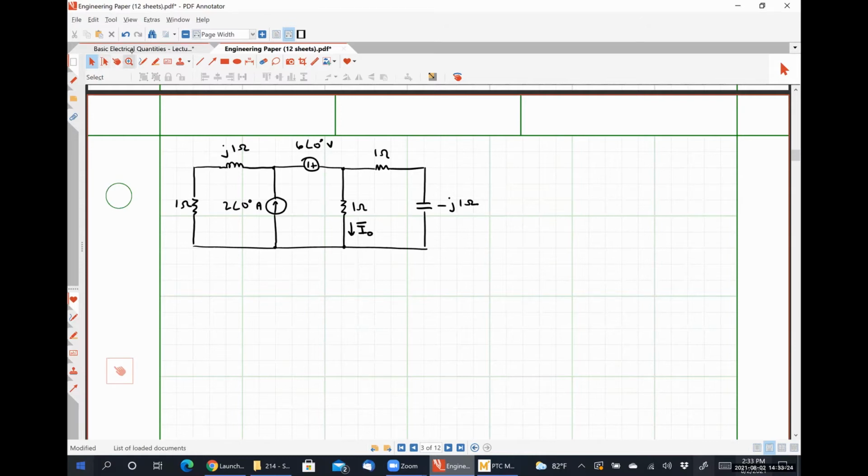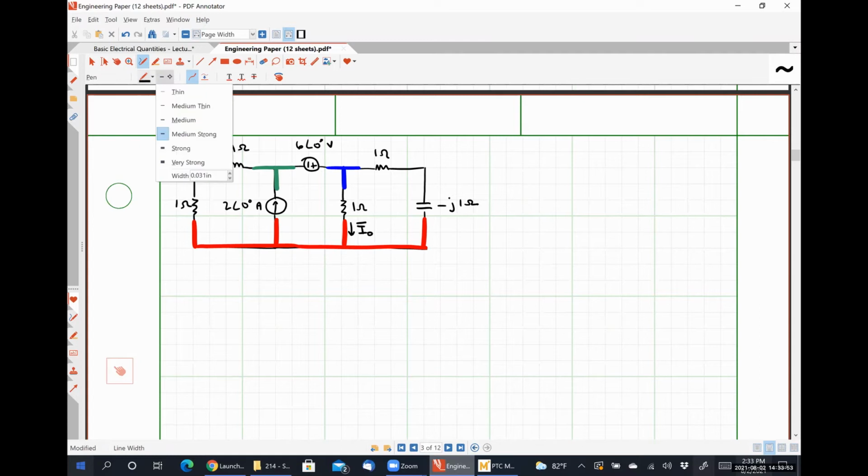I'm going to say that our nodes are as follows. I'm going to consider this guy a node, this guy a node, and this guy a node. I am not considering this guy a node and this guy a node.